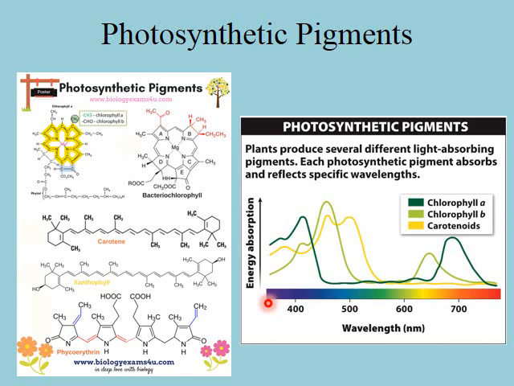But the carotenoids and the xanthophylls are still there and they're still able to reflect their colors. Certain plants will be a more vibrant red. Some of them will be more of a greenish or a yellowish color. And that's because of the specific pigments that are found in their thylakoid membranes.